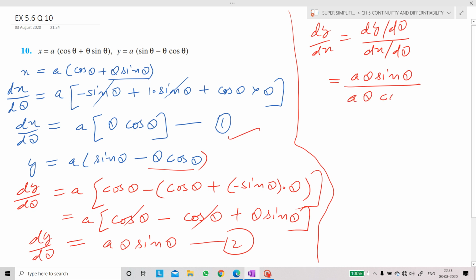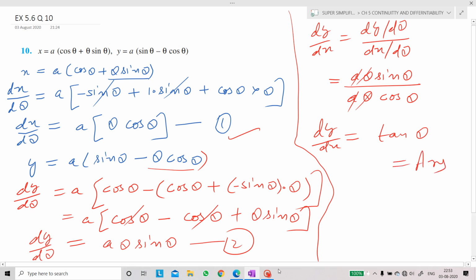So here also a theta gets cancelled and sin theta upon cos theta is tan theta. This is the value of dy by dx. So you can see that dy by dx in every question you are getting is in terms of the parameter. It is not in terms of x or y.